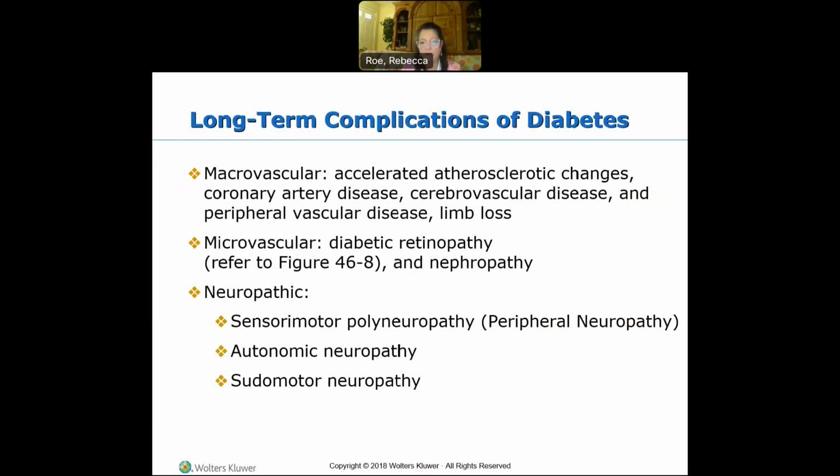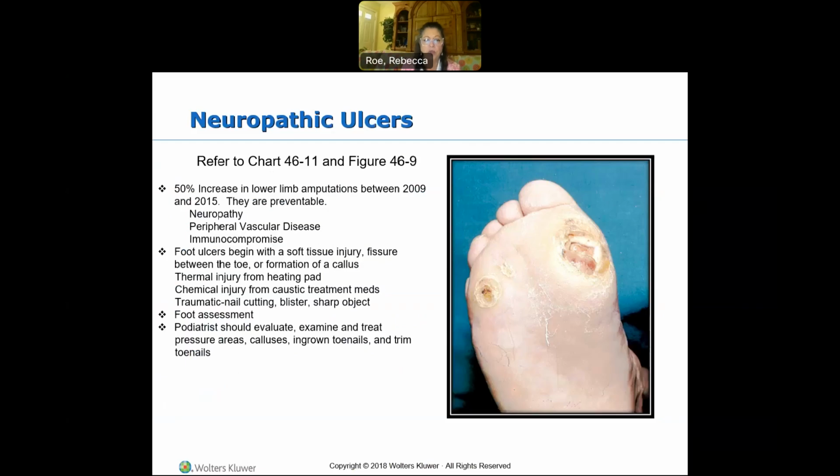So let's talk about these diabetic foot ulcers, which we just can't stand because they're so terrible and so hard to heal. When you look at chart 46-11 and figure 46.9 in your book, you will see some very interesting illustrations. And then we're about at the end of our presentation.